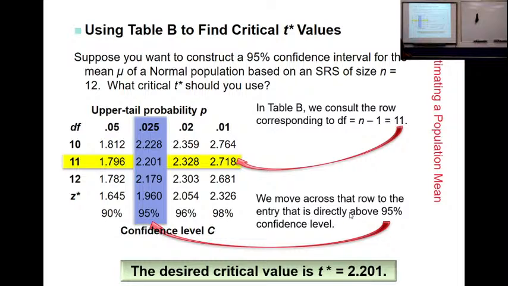Either way, you should get 2.201. All right, let's zoom out a little bit, because that's the detail that is very different from what we did with proportions. Now let's zoom out and talk big picture.